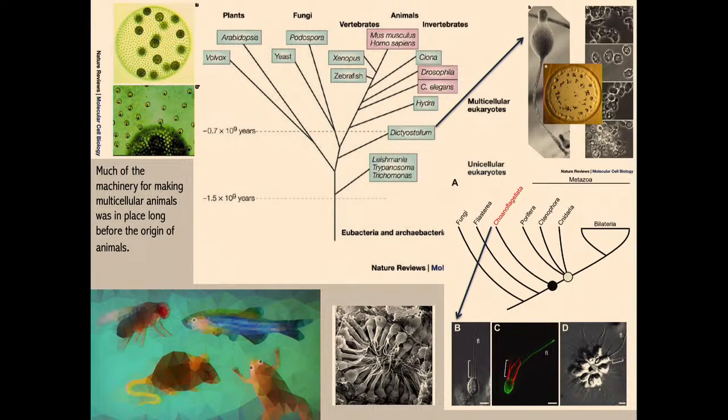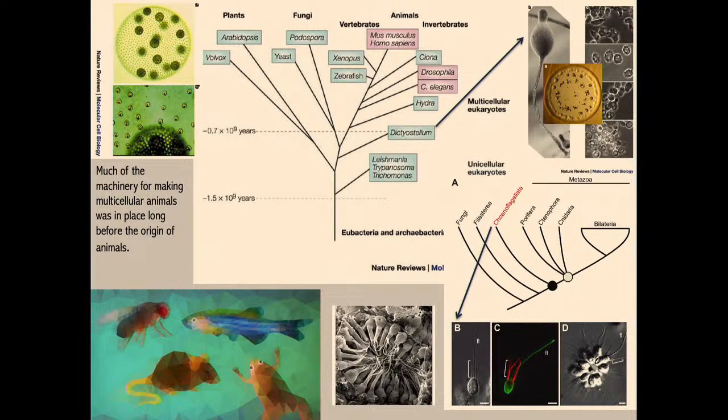Some of the work that we've not been part of, but it's very fascinating, looks at how much of the machinery for making multicellular animals with all these patterns was in place in some common unicellular ancestor.